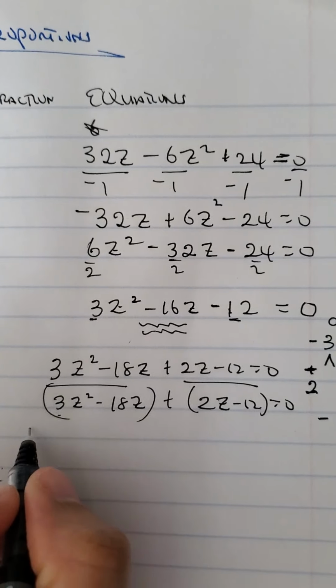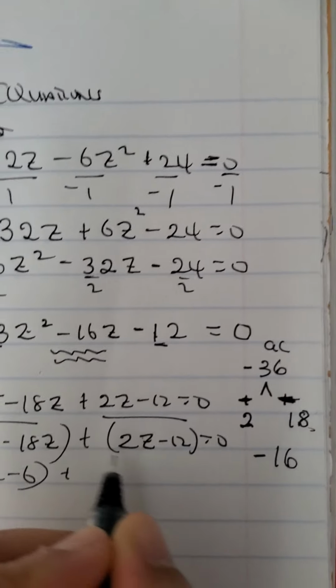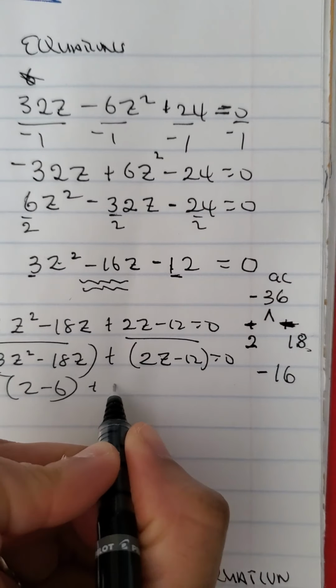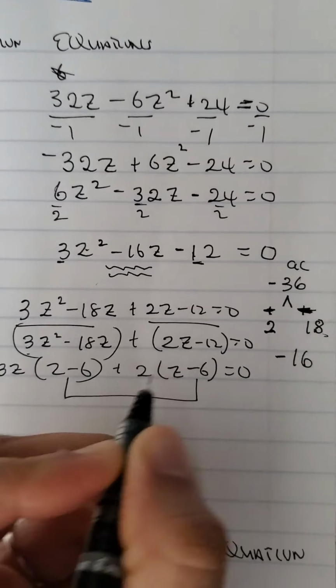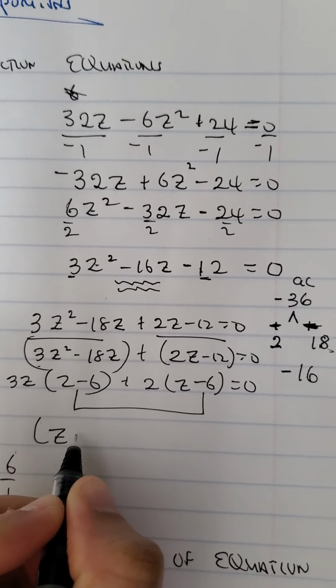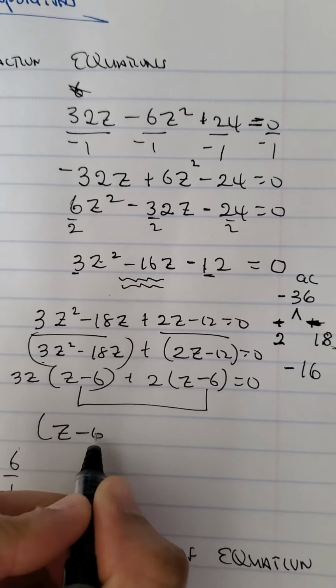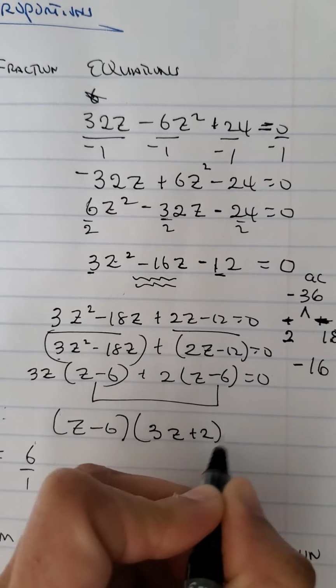Here I have a common factor of 3z, which leaves me with z minus 6. And here I have a common factor of 2, which leaves me with z minus 6. I know I'm on track because now I can see I have a GCF of z minus 6 that I can factor out. And my remaining factor is 3z plus 2.